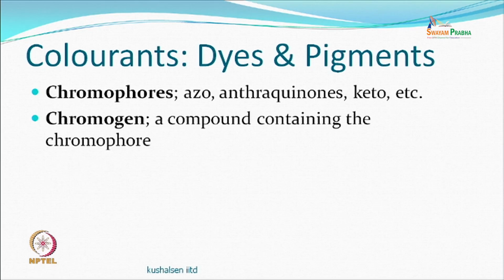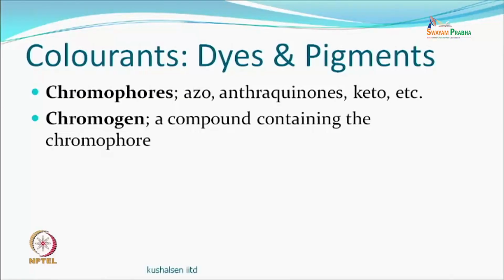If you look at the size of a direct dye, if it is a large dye, most of the molecule is not a chromophore. It is just a support system. It goes inside and does not come out because it can form some bonds, let us say hydrogen bonds, or van der Waals forces with the fiber molecule. And so this thing which is called a chromogen is the body of the whole molecule which supports the chromophore but also helps in absorption.